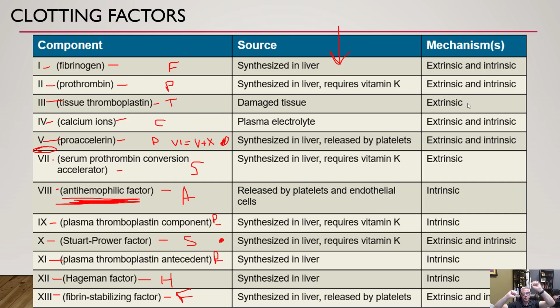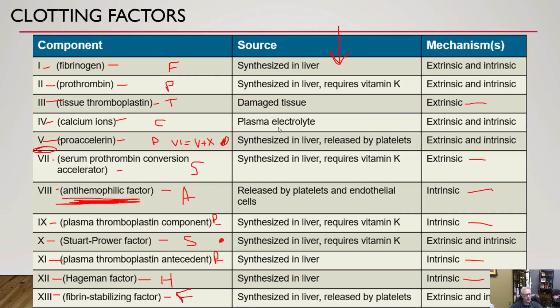We'll do the extrinsic, intrinsic, and then for the common final, it'll lump both the extrinsic and intrinsic. So you can see here the extrinsics. Here you can see the intrinsics. And wherever you see extrinsic and intrinsic, that is what I will refer to as the common final pathway, or the final common pathway, or the final pathway, or the common pathway. However you want to call it.